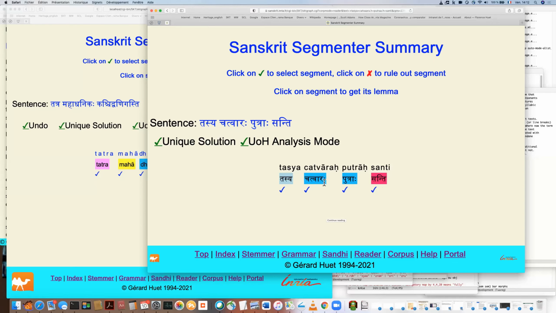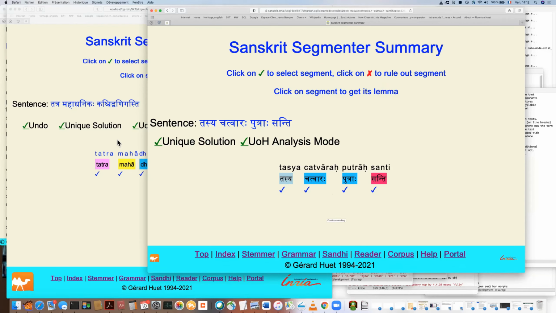Chatvara, 4. Tasya, this is Shashti of Tad, so it's of his. This is a pronoun that refers to the previous sentence, for Vanik. Okay, so now that we have understood, he has 4 sons.